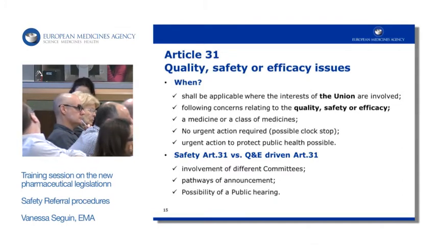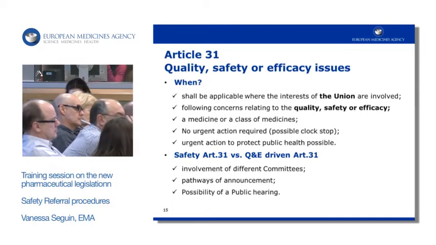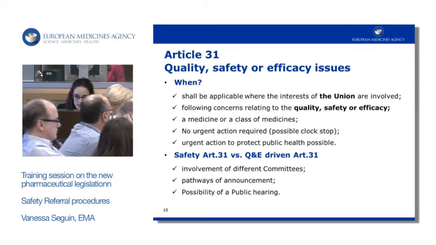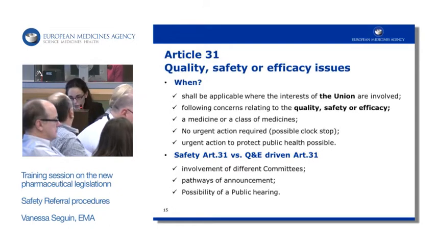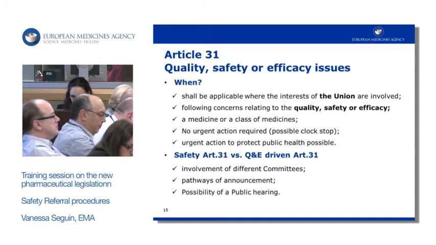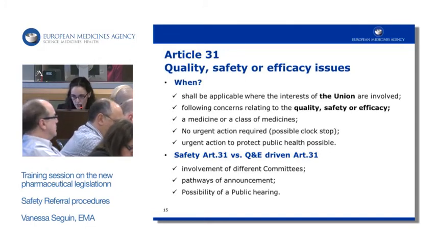So when pharmacovigilance data will be the triggering point of the referral, PRAC will be involved. When quality and efficacy data will be the triggering point of the referral, then CHMP will be involved. I will go also into more details into this point in the next slide. Also, the pathway of announcement will be different.